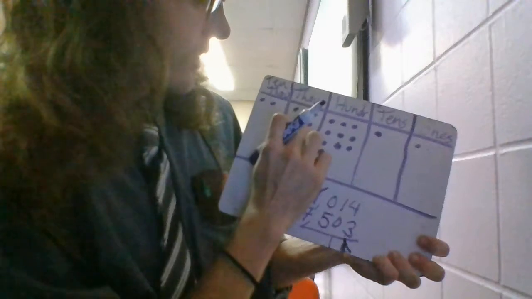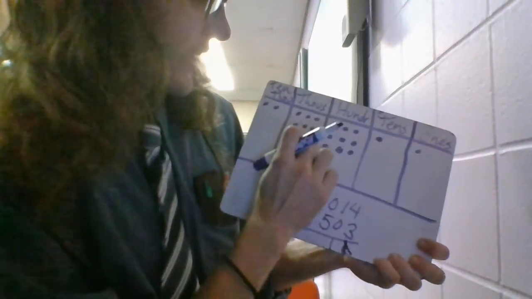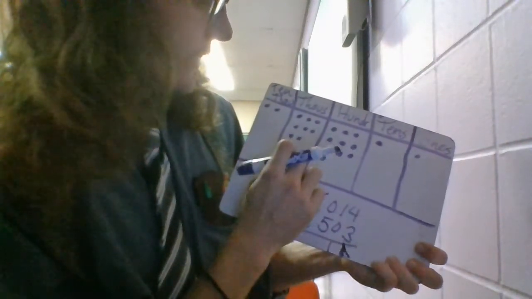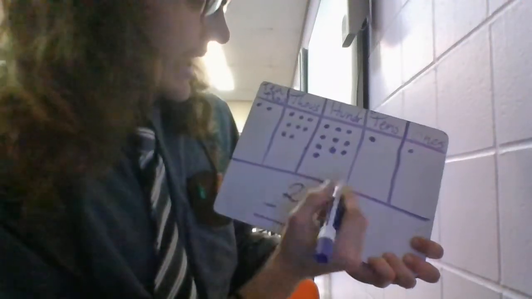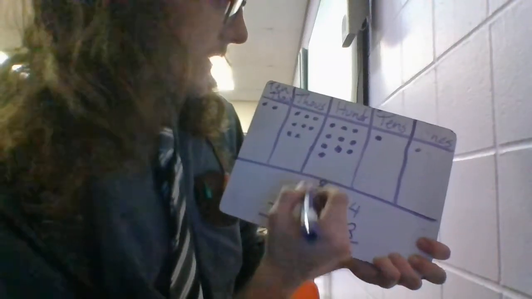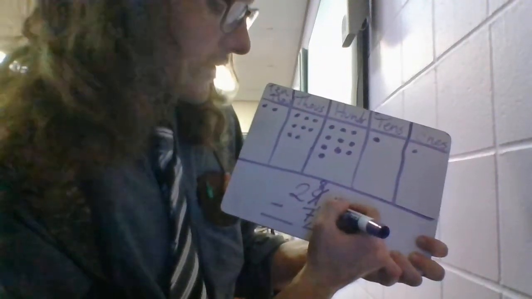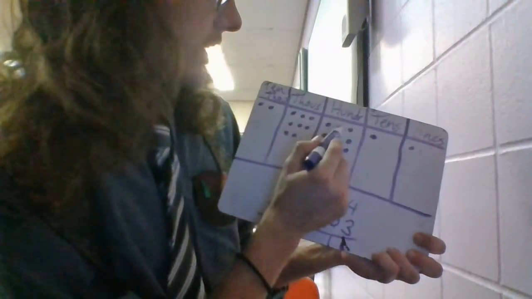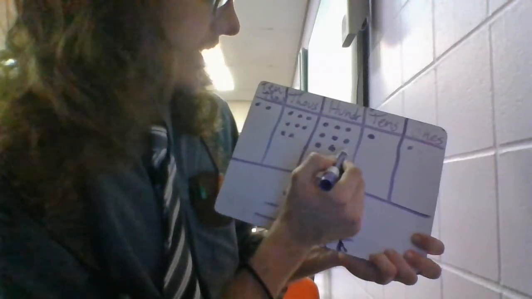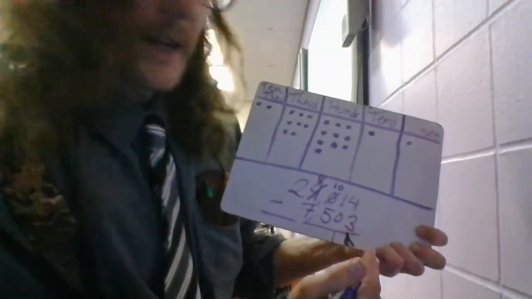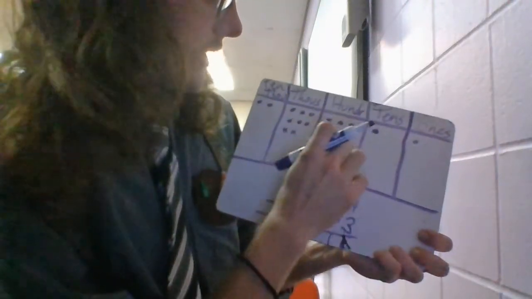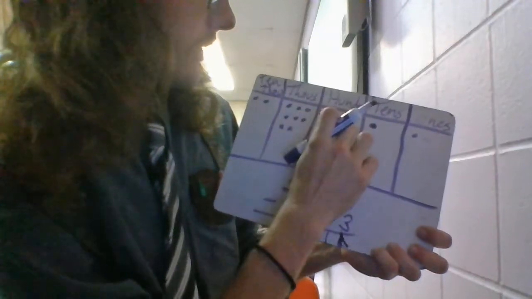So this is no longer a 1,000, which means that we have 8 thousands left instead of 9. And instead of having 0 hundreds, we now have 10. Now can we take 5 of them away? 1, 2, 3, 4, 5.